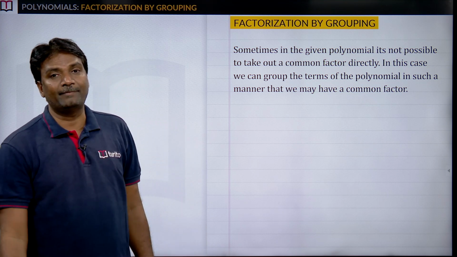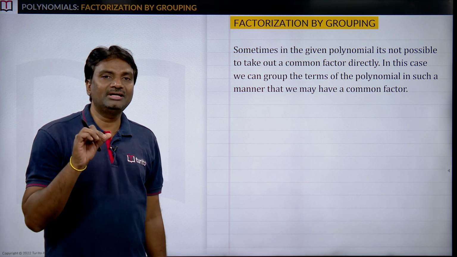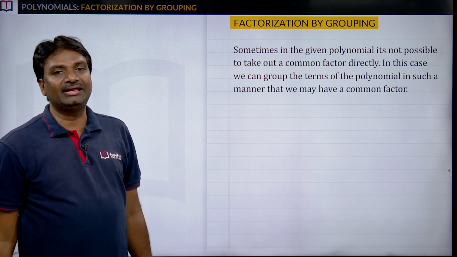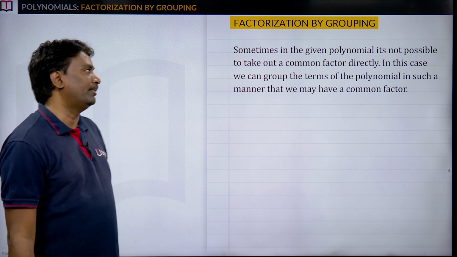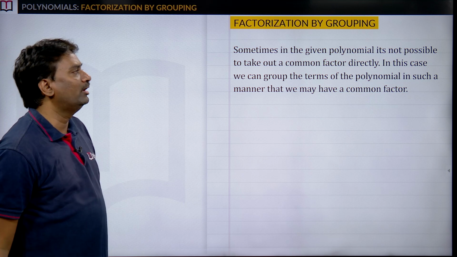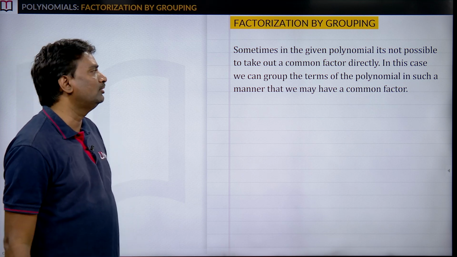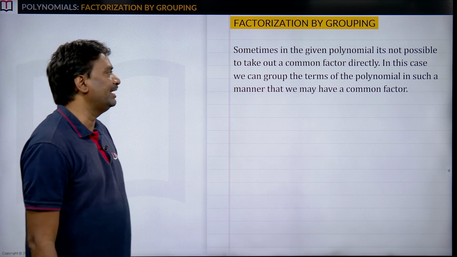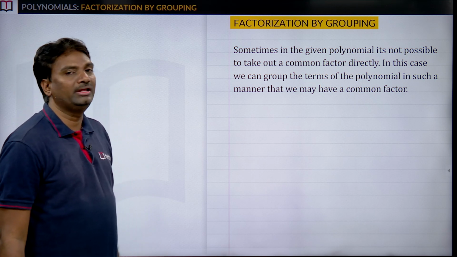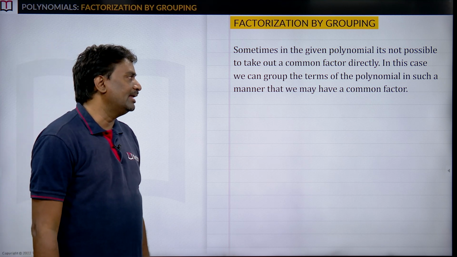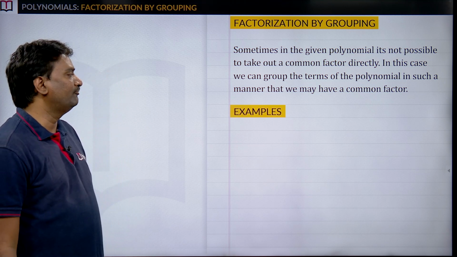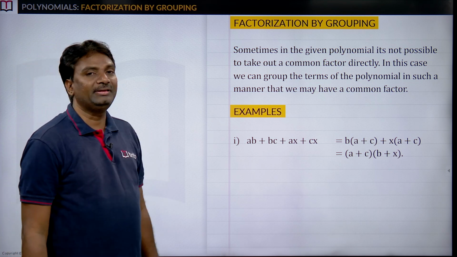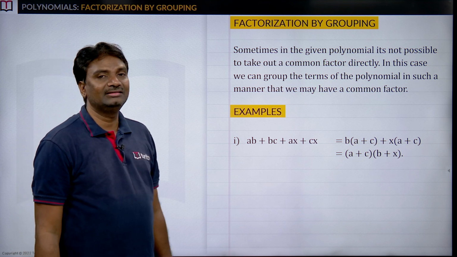After grouping, from each group we can take the common term as common. Example: AB plus BC plus AX plus CX.